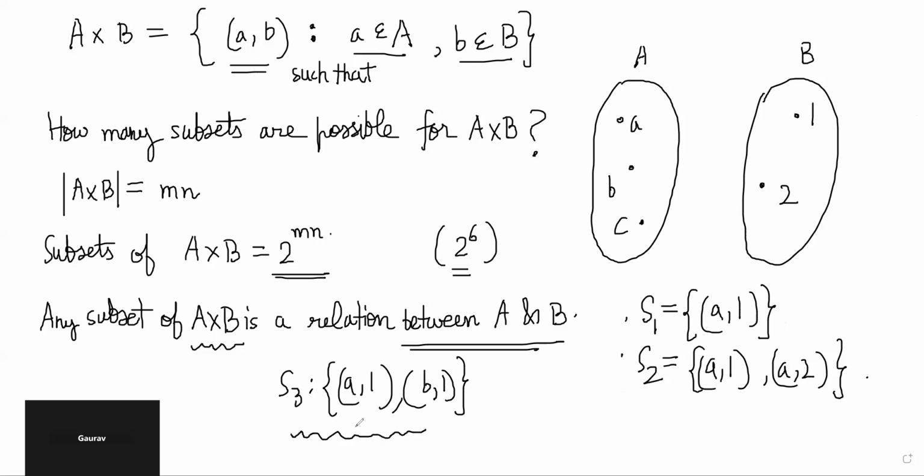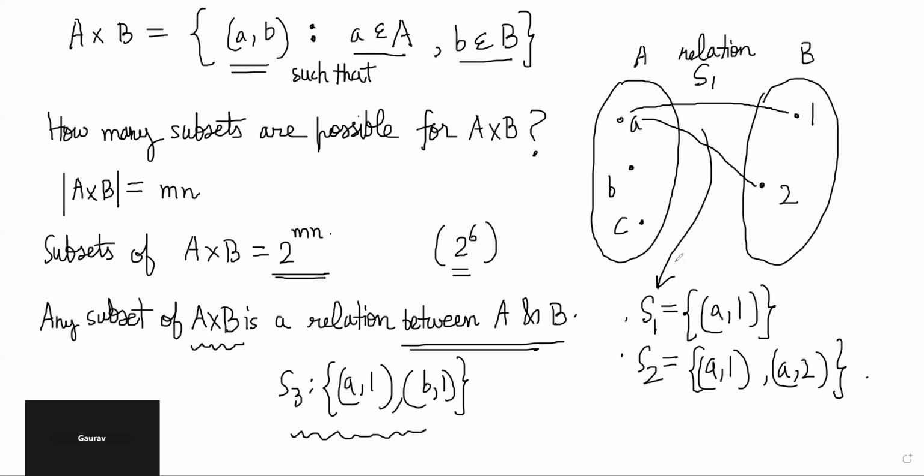All of these are telling us that there is a connection between the two sets, and you can say that the first subset is this, and this is called a relation, relation S1, right? Because it is a subset of A cross B, therefore it is a relation. The second subset would be this one and this one.